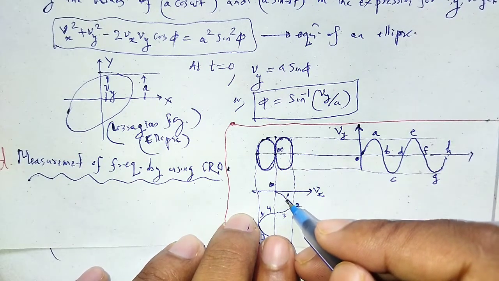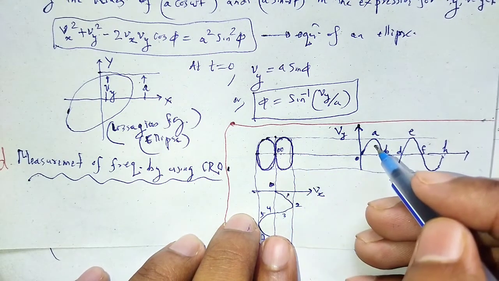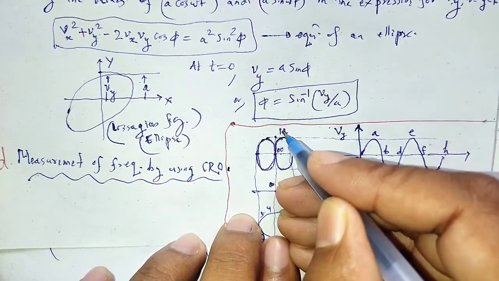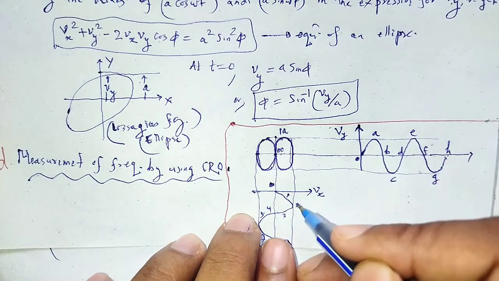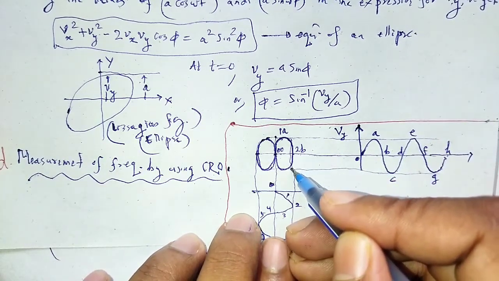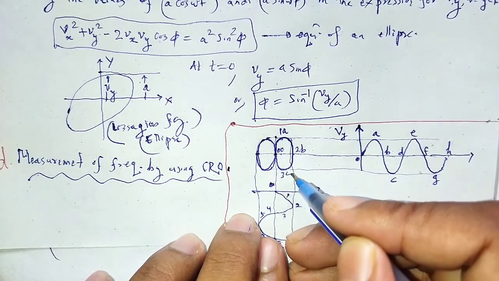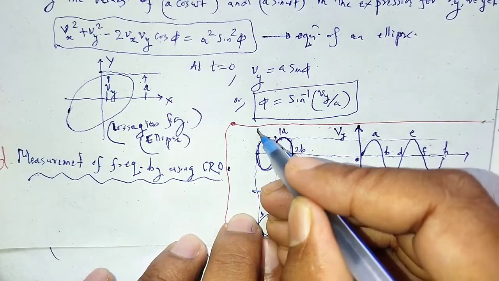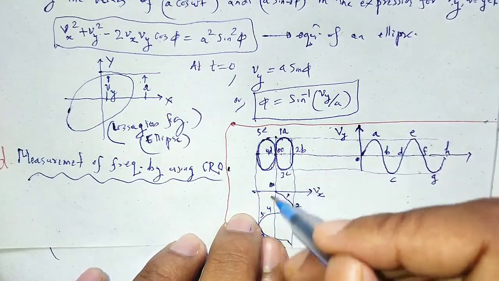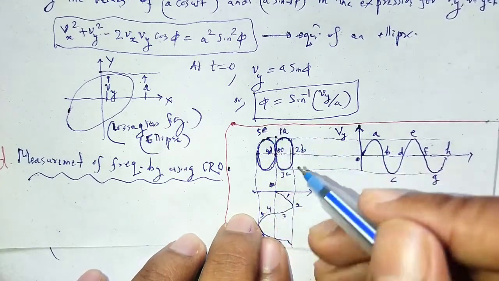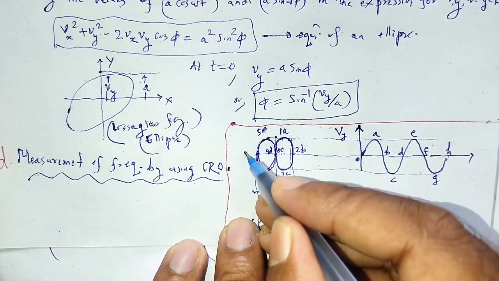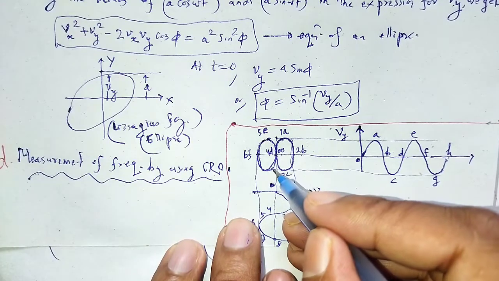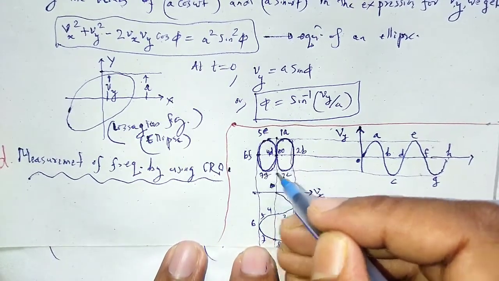Next we take 1 and A, so at that point we have 1A. Next 2B, 3C, 4D, 5E, just joining them. We already know how to draw the Lissajous figure. Next 6F, then 7G.